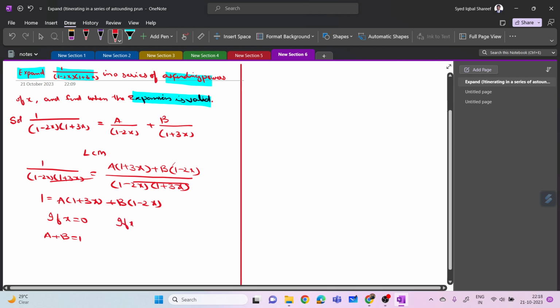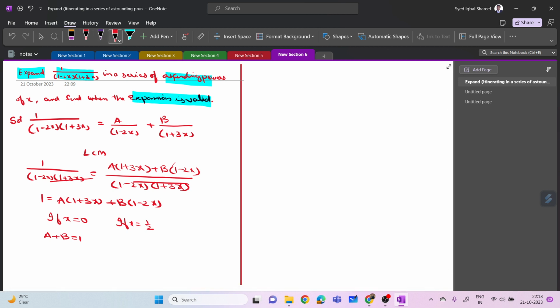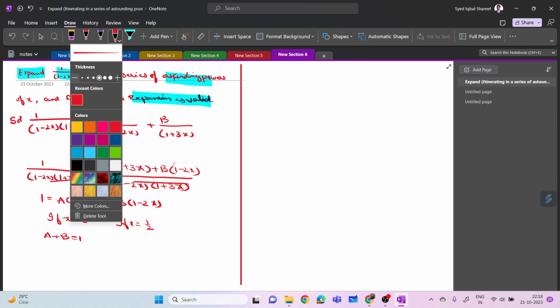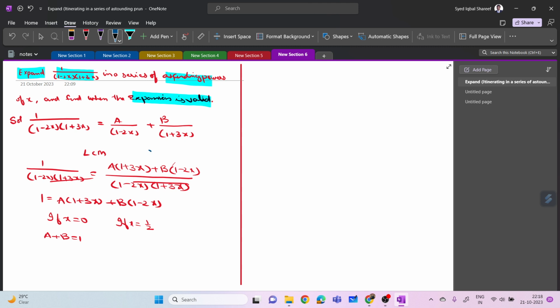Suppose x equal to 1 by 2. If you substitute x equal to 1 by 2, the 2 gets cancelled, 1 minus 1 is 0, so the b term is 0.